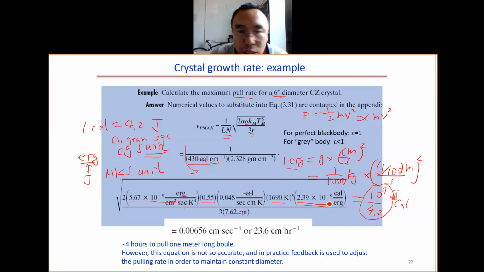So this erg cuts out this erg, and the calorie here cuts out this calorie here. So in the end, you get a centimeter per second, which equal to 23.6 centimeter per hour. This is the pulling rate. To pull the 1 meter long of the ball will need 4 hours. Okay, thank you.